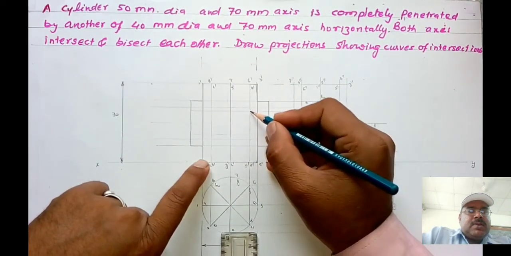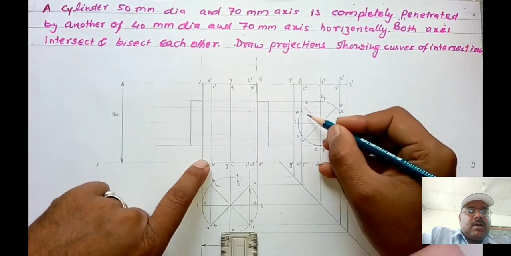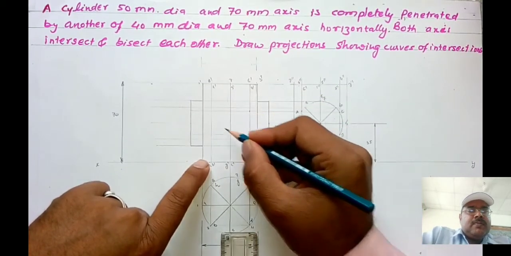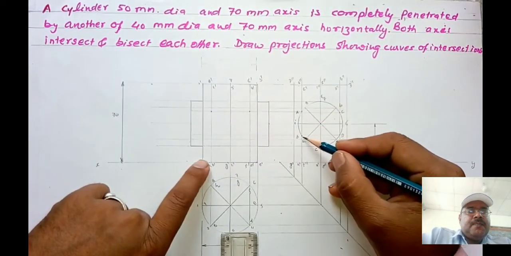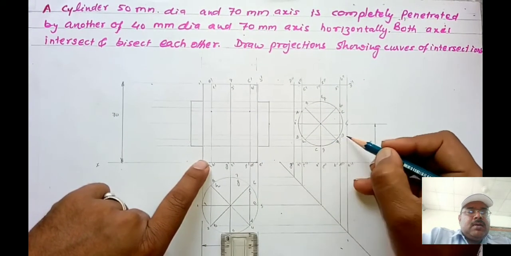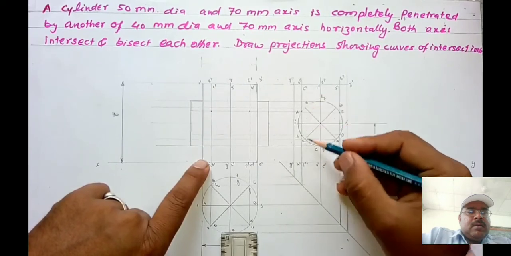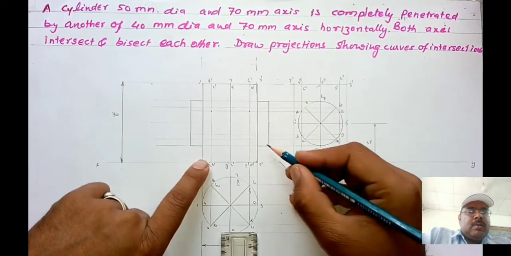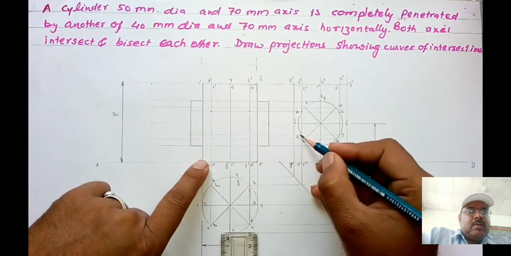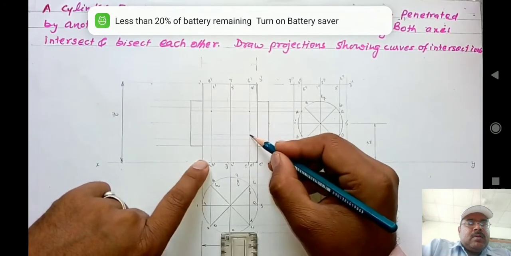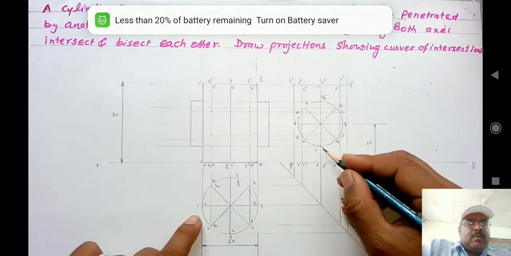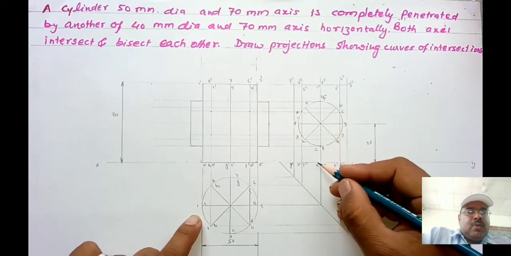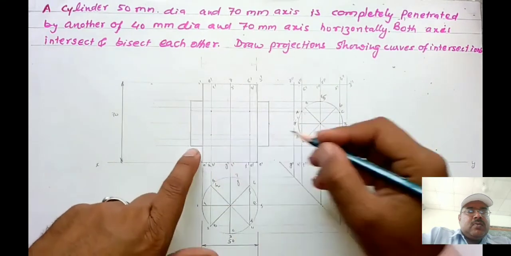Here from 6 dash, and vertically from 6, mark on both sides. Then 2 dash and 4 dash on both sides.